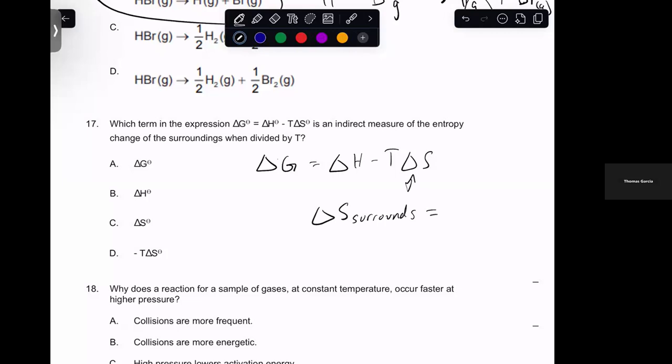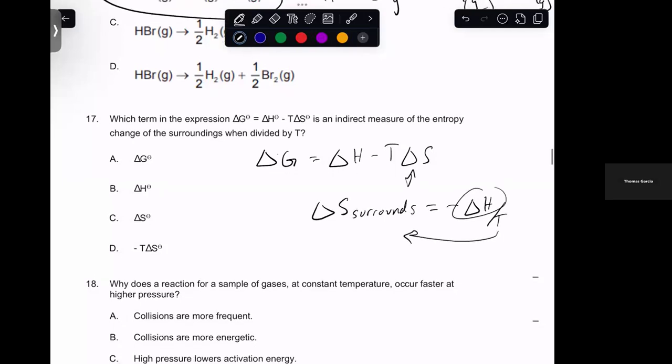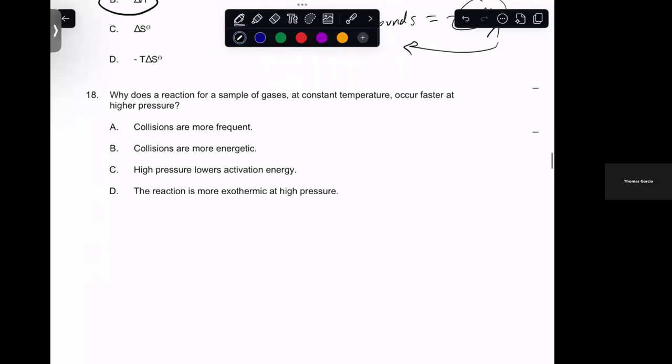We have to understand that that is equal to negative H divided by T. And from here, we can see that if we take our H and divide it by our temperature, that just ends up getting our entropy of our surroundings. Therefore, it should be B.